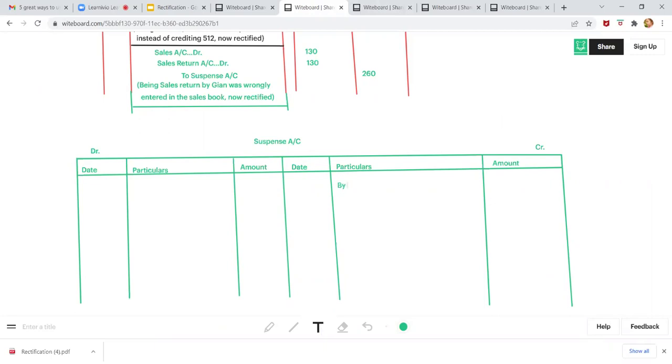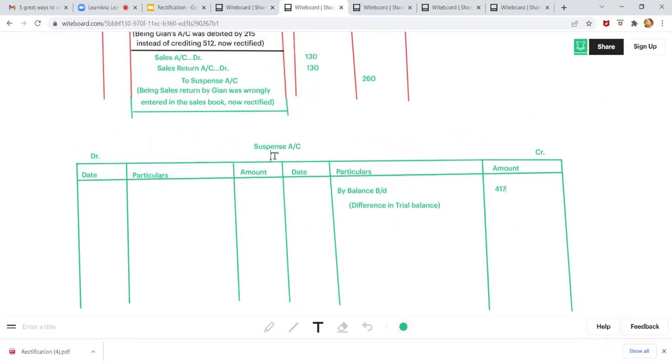As you have studied in your ledger chapter, on the right side we write "By balance brought down," or here we can also write "By difference in trial balance." So the difference is 417 rupees.